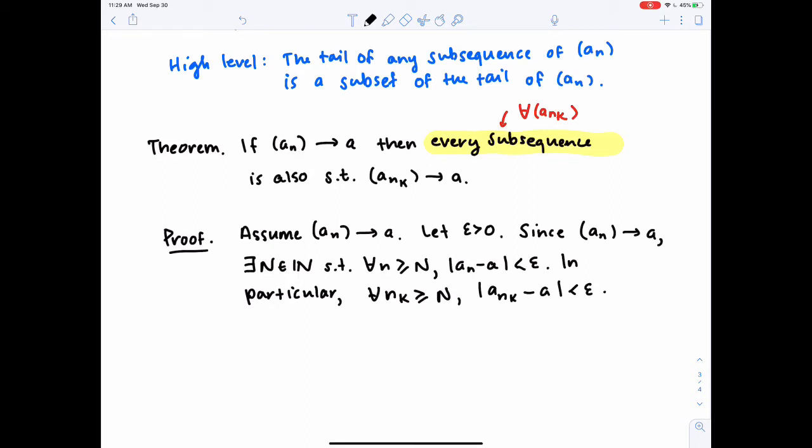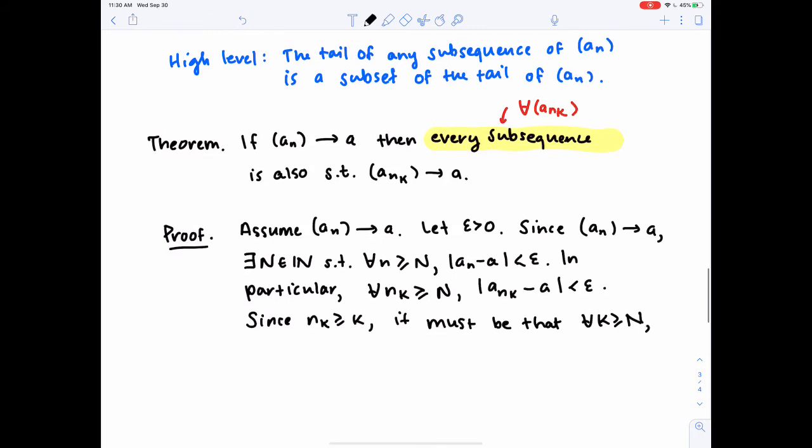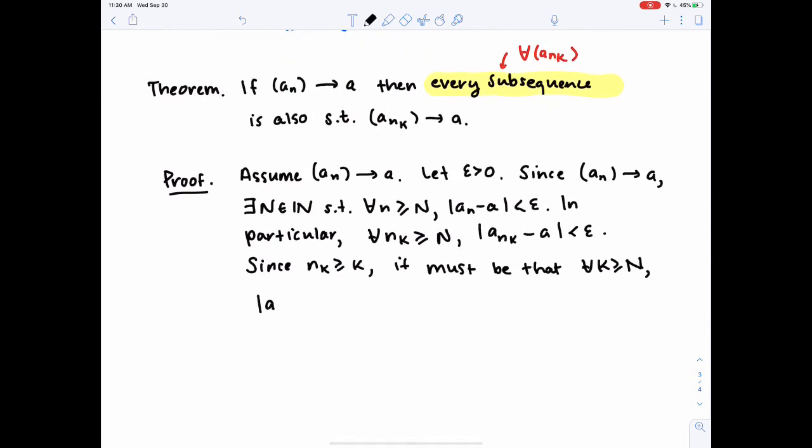But remember, technically we need to be talking about a constraint that's being placed on K itself, but we have a way to connect NK to K. That's what we were looking at earlier. We know that NK is always greater than or equal to K. So since NK is greater than or equal to K, it must be that for all k greater than or equal to N, the absolute value of A sub NK minus A is less than epsilon.